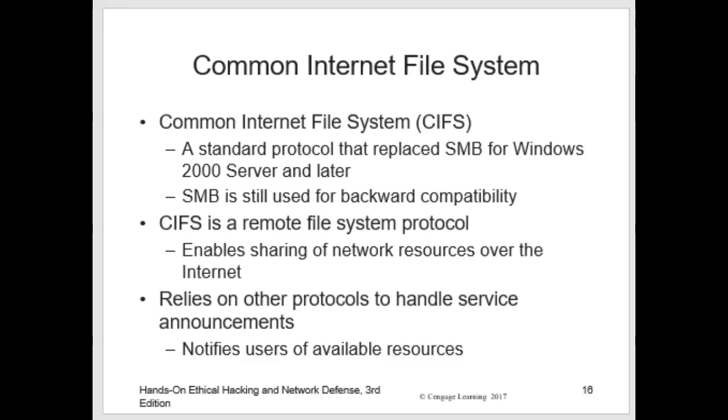Now, I promised a few minutes ago to discuss CIFS, and so here it is. The Common Internet File System, or CIFS. This is the standard protocol, and it's replacing SMB in Windows, but allows backward compatibility, right? So the original SMB is still used, and any vulnerabilities that go with it.